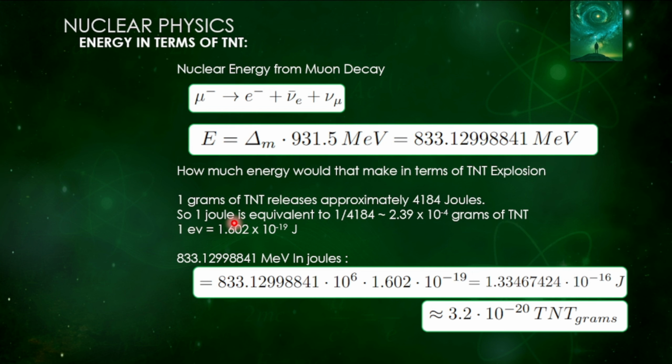Why? Because each 1 joule produces 2.39 times 10 to the power minus 4 grams of TNT. So you get 3.2 times 10 to the power minus 20 TNT grams, equivalent explosion.